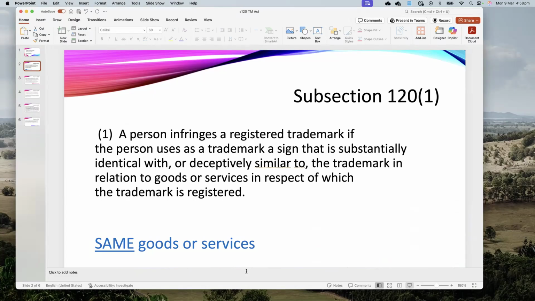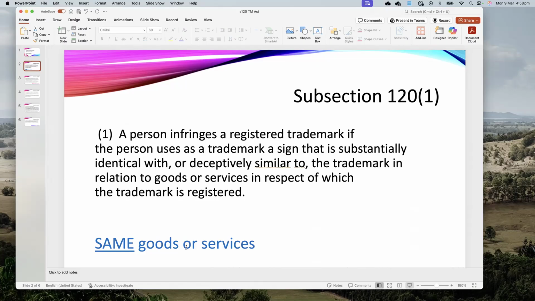Okay, so this provision can be broken up into its constituent elements for an infringement question. But the first thing to know is that this is the provision you use, the subsection you use, when you are dealing with marks applied to the same goods or services.